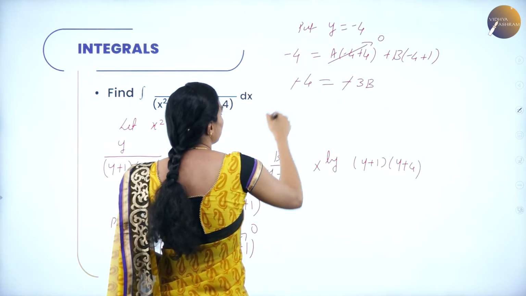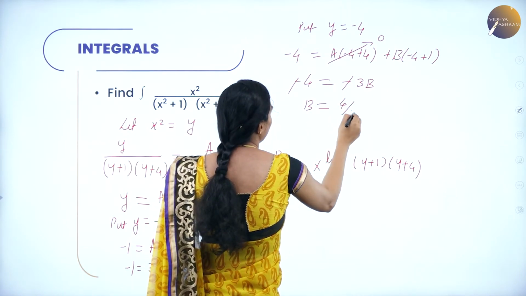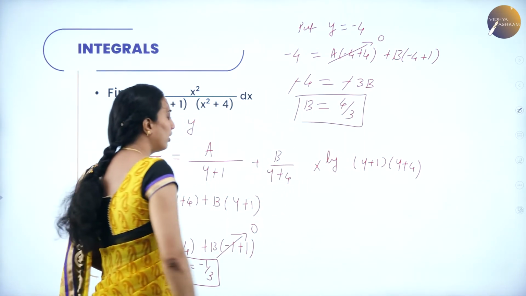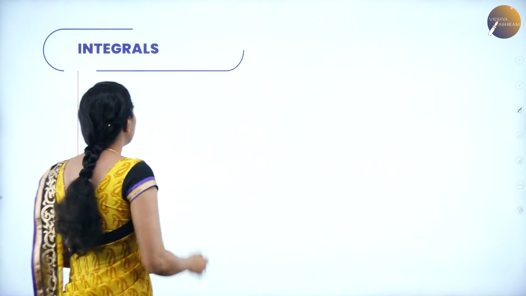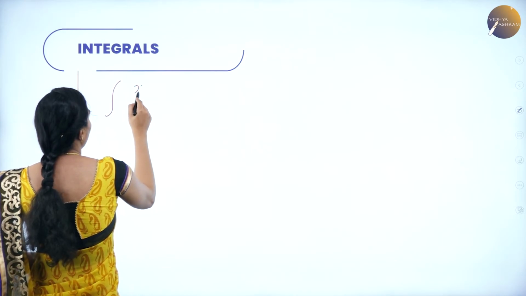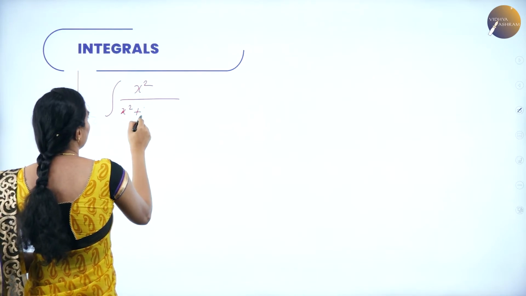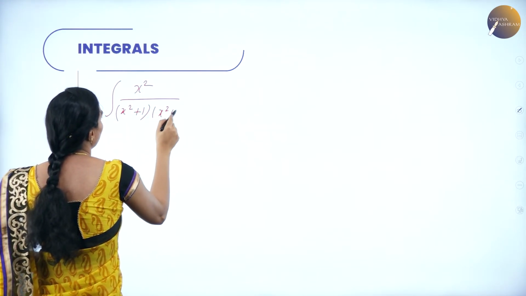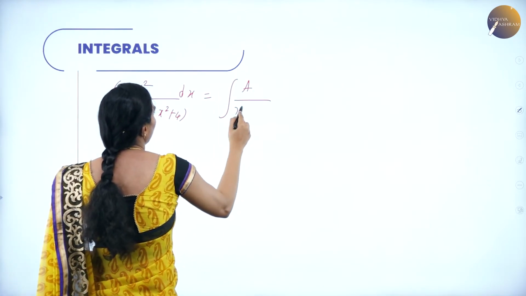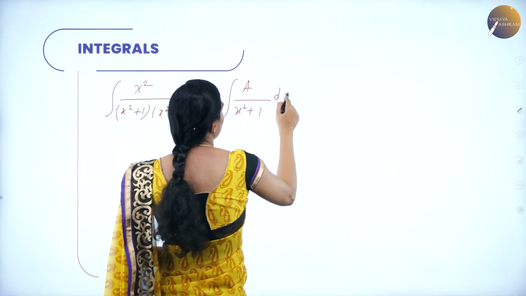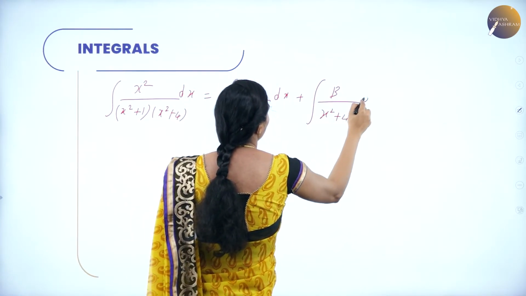Minus minus will get cancelled, so b is equal to 4 by 3. Now the b value you got is 4 by 3, and the a value is minus 1 by 3. So what happens? Integral of x squared divided by x squared plus 1 into x squared plus 4 into dx is nothing but integral of a divided by x squared plus 1 into dx plus integral of b divided by x squared plus 4 into dx.